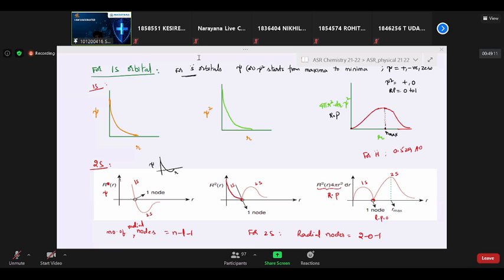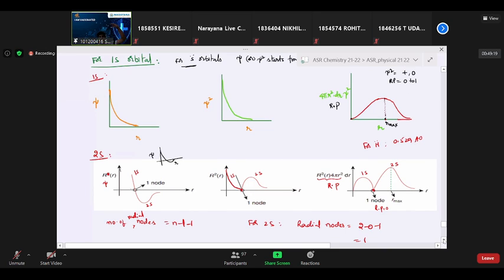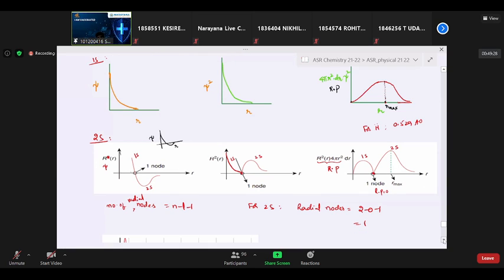Go for 2s over and 1s over, similarly 3s. For 1s, I already told you psi value is positive; for 2s, positive to negative; and for 3s it again becomes positive.